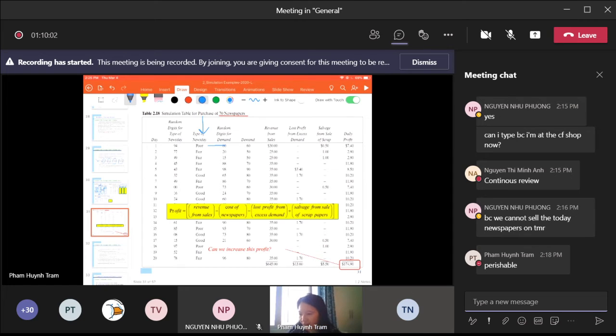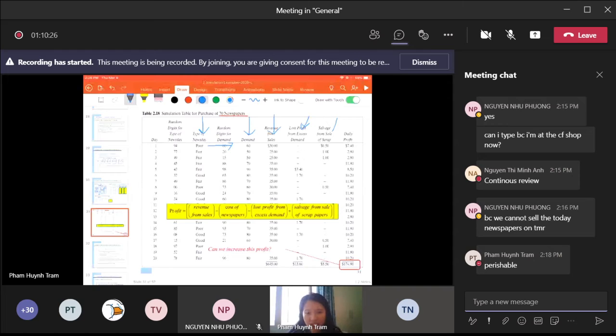Then we will compute the revenue for that particular day, how much loss we have to suffer, and the salvage value, and at the end, what is our profit on that day.